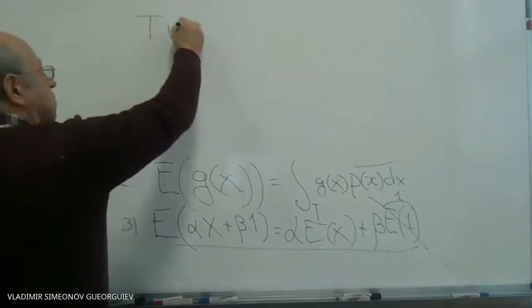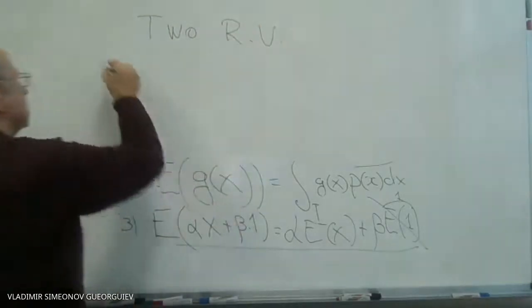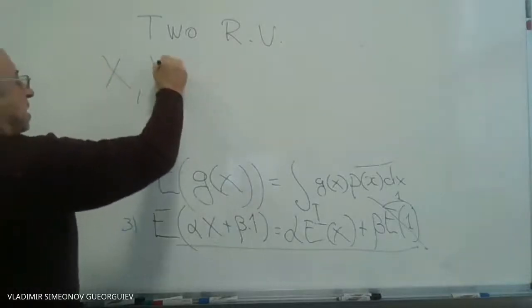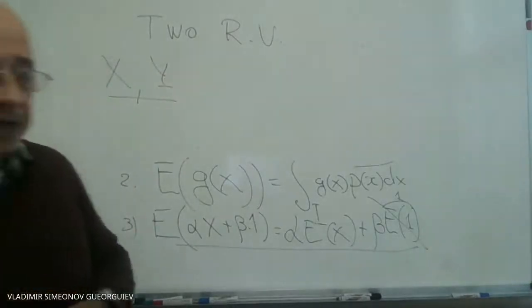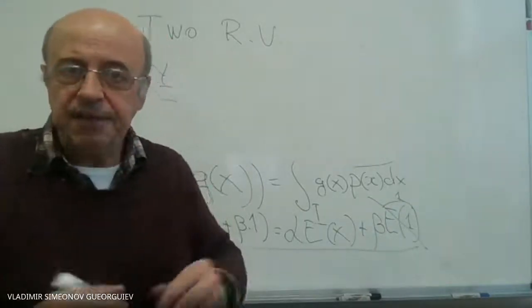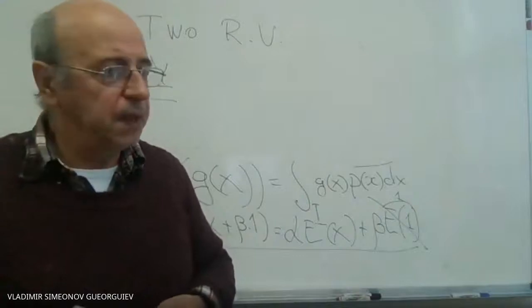When we speak about 2 random variables, let's say x and y, in order to define these 2 random variables, you have to define the corresponding probability density.